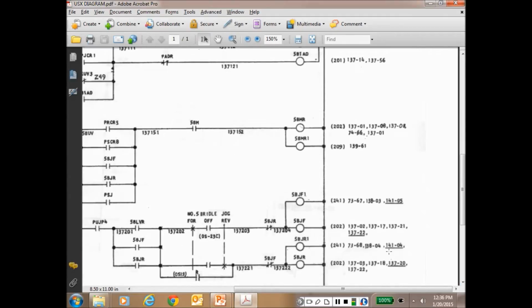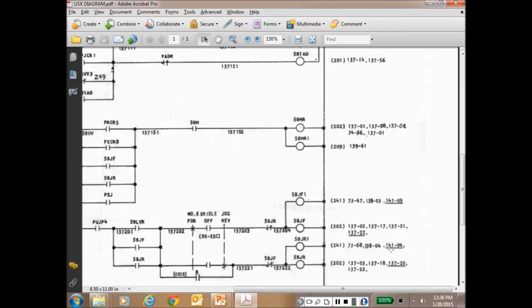So there's a reference to page 141 right there. And this was just one section of the line. They had what they called a feeder end, then a processing end, and then an exit end. Every one of them had their own set of diagrams.